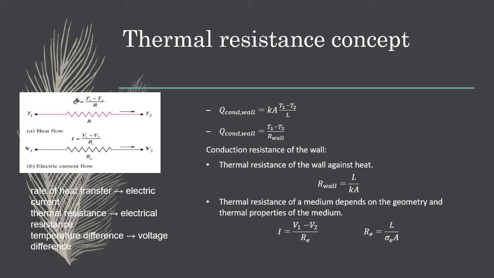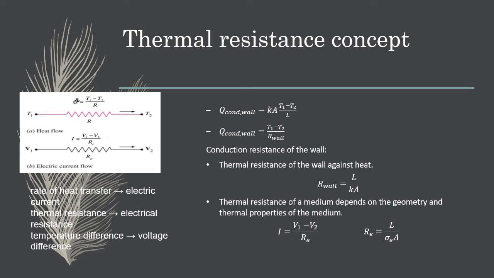Thermal resistance of a medium depends on the geometry and thermal property of the medium. I is equal to (V1 minus V2) by Re, that is the current, and Re here is represented as L by sigma A.